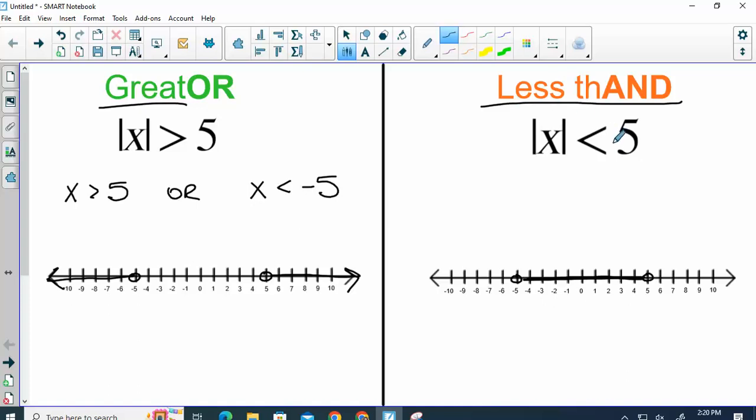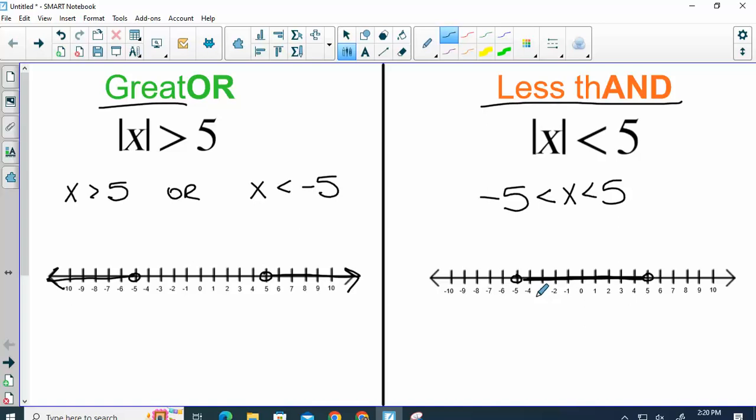So the ands. When we solve and problems, we look for one big inequality. So the first part stays the same. You just drop the absolute value. Then you add the same symbol on the other side, and we put the negative. So the less than, we have an and, so one big inequality.